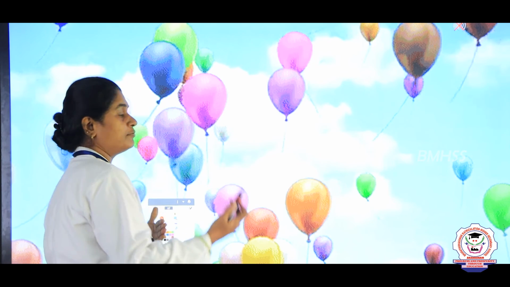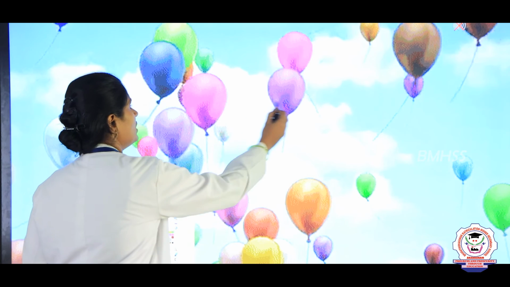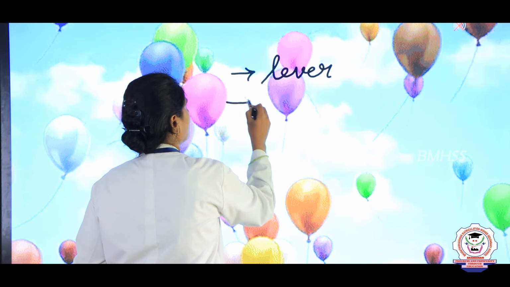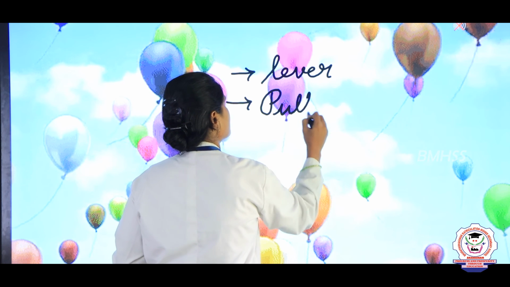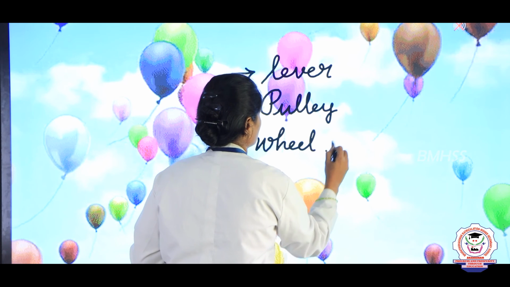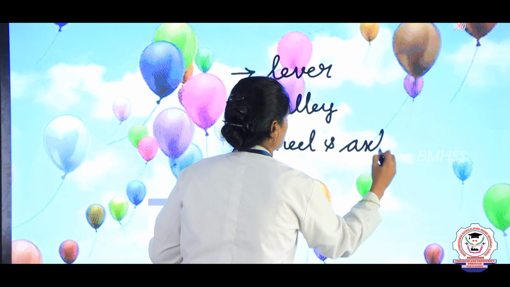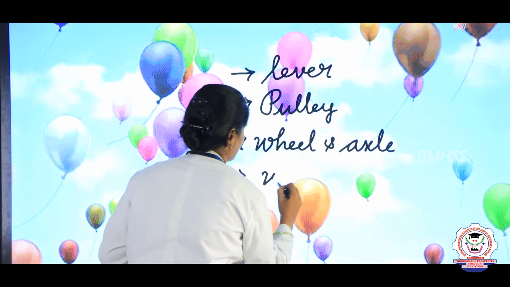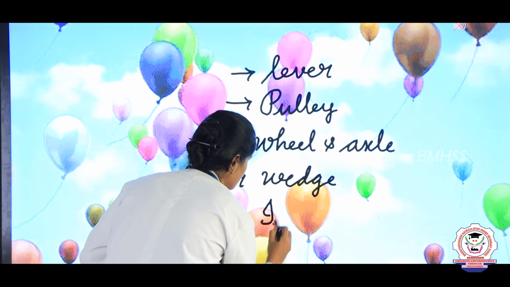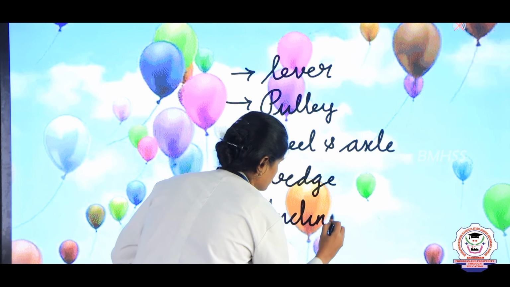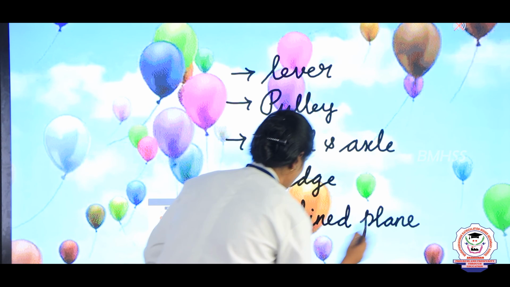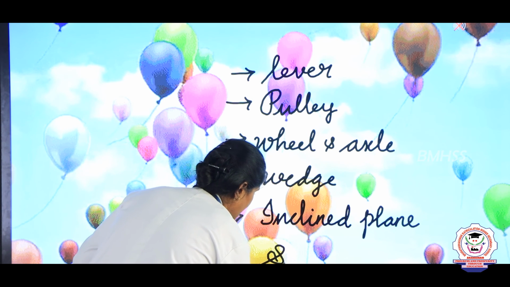And the types of simple machines: we saw the lever, pulley, wheel and axle, wedge, inclined plane, and finally the screw, right.